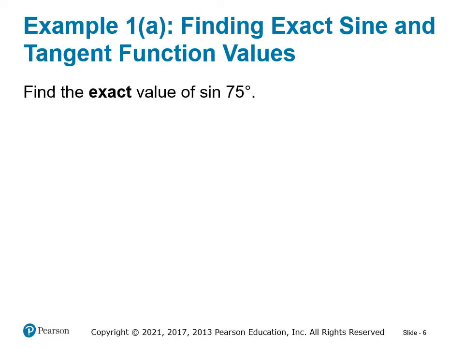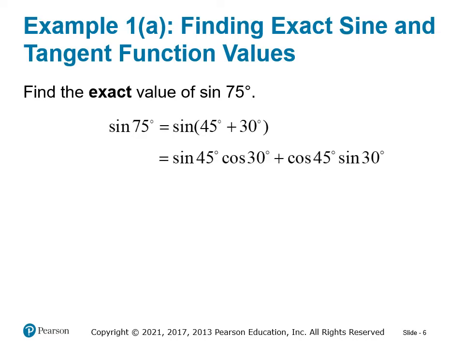So in this case, we're trying to figure out how to use the sine identity to find the sine of 75. And of course, 75 is equal to 30 plus 45, two known angles. So we can use those known angles and plug those values into the sine identity: the sine of the first times the cosine of the second, and then the same operation, so it's addition, the cosine of the first times the sine of the second.